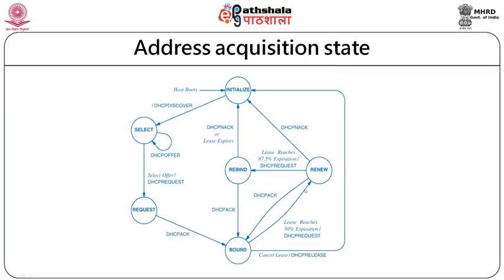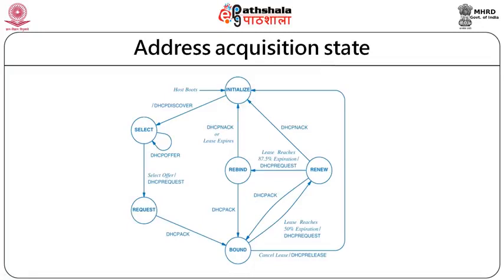So if it comes into the renew state and it is renewed, it will get a DHCP acknowledgement signal here, and if it is not approved, it will get DHCP not acknowledged, and it will again go to the initialize state. So if it is renewed, it comes back here, and if it is not renewed, it goes to the initialize state again, right.